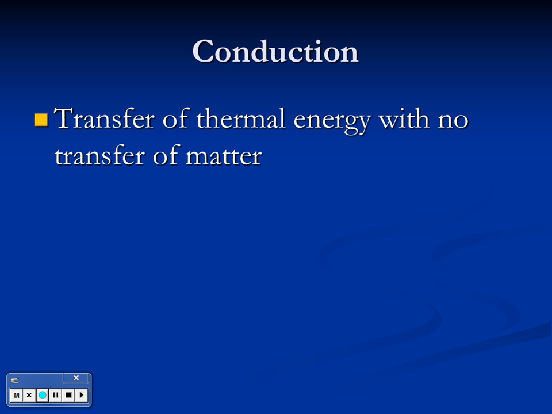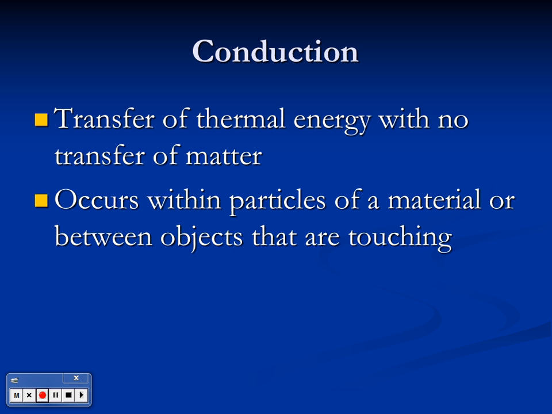And there's one requirement for conduction to occur, and that's that there has to be contact. There has to be particles touching in order for them to transfer that thermal energy from one to the next. Okay? All right. Good there with conduction. We got our definition?